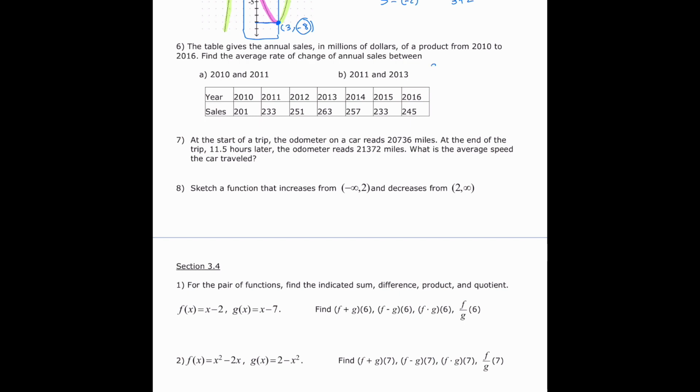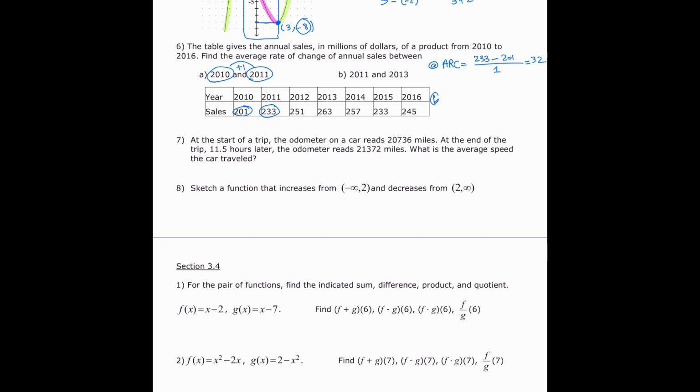So the first one, the average rate of change is equal to, the sales in 2011 was 233, the sales in 2010 is 201, over the difference in years, which is 1. So the average rate of change is 233 minus 201 is 32. So that is the average rate of change.